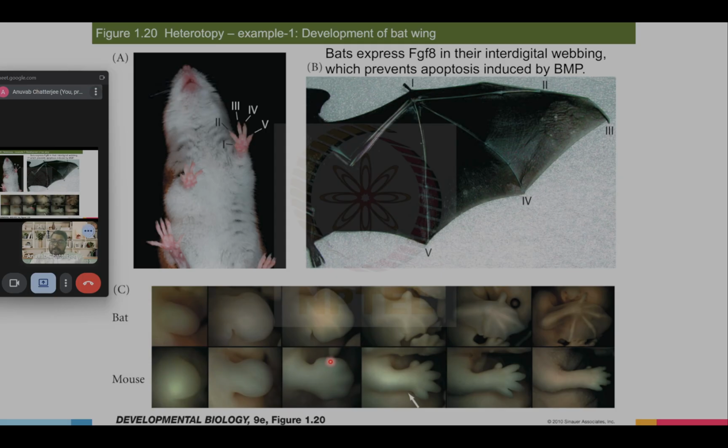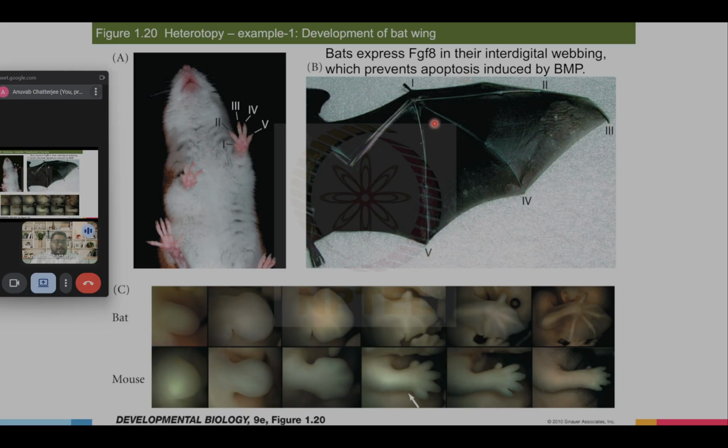This webbing in between the fingers actually apoptosizes, so all the cells die off so that we have separate fingers. This happens in mice as well as in humans, and finally we have different fingers as the adult body. So that is why mice have different fingers, humans also have. They do not have anything in between the fingers joining them.